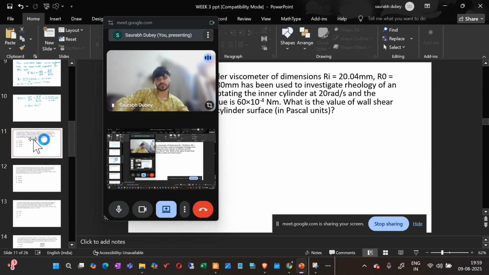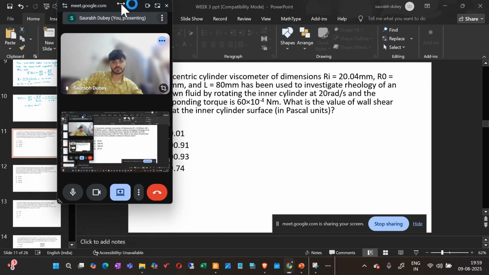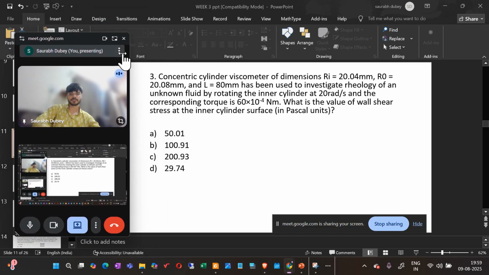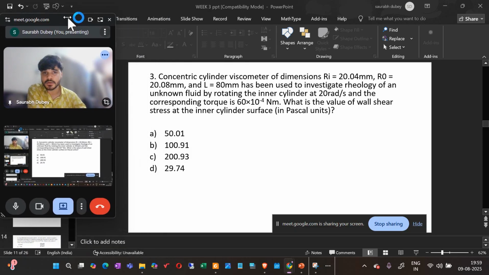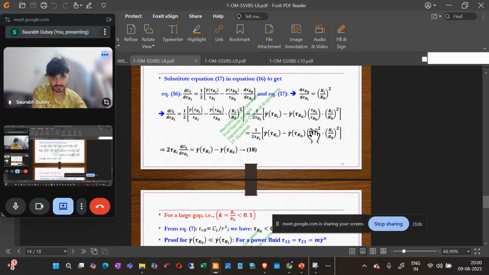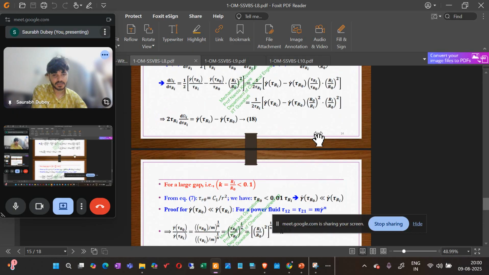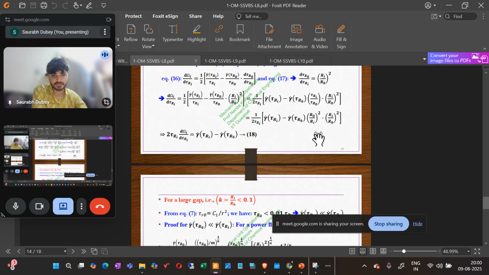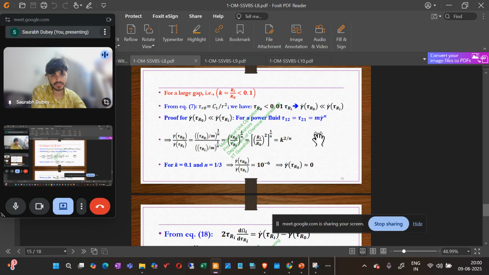So now the third question, if you see, is the third question, and before moving to the third question, let's discuss the third case. Okay, so in the third case, if you see, Ri by R0 is less than 0.1.